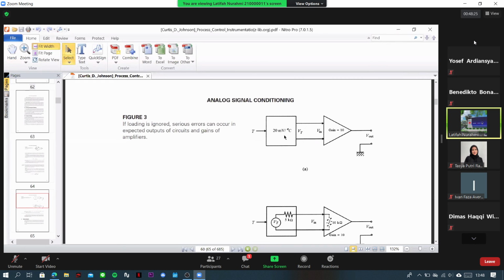So here's what we call the concept of loading. We have a load here, so we need to consider this in order to find the output voltage.